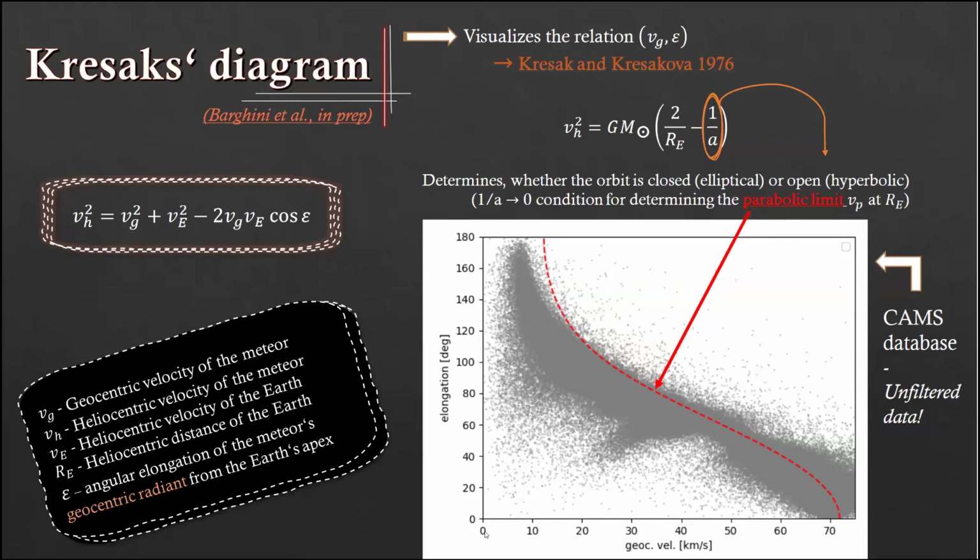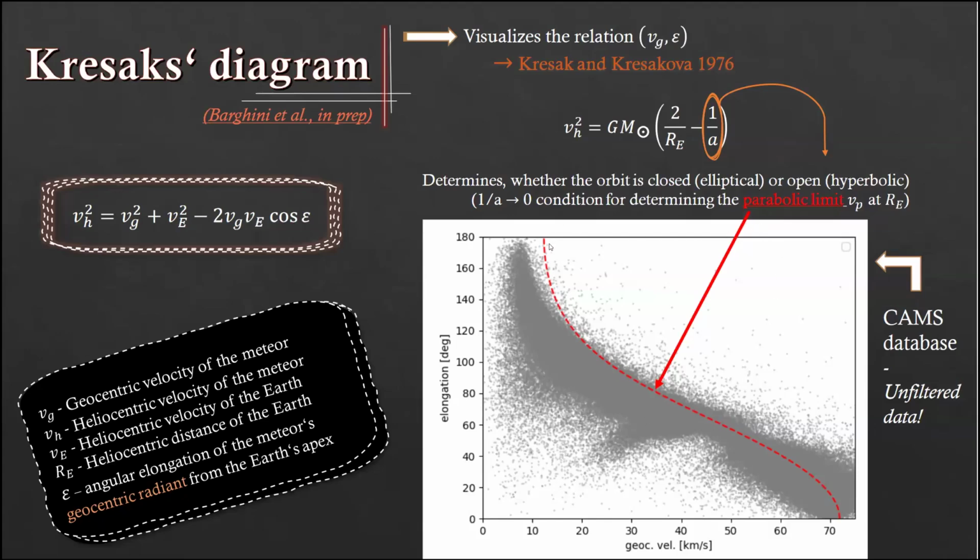Kresak's diagram shows the relationship between the geocentric velocity and the elongation of the meteor's geocentric radiant from the Earth's apex. So you can visualize the whole database and you can look at its quality.